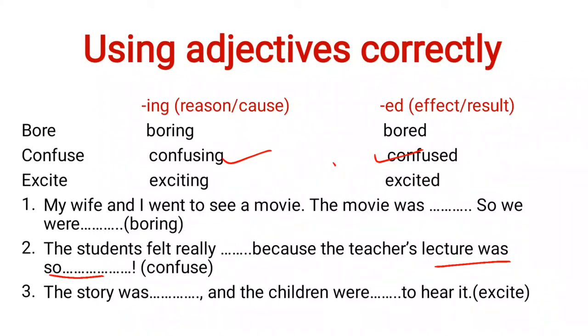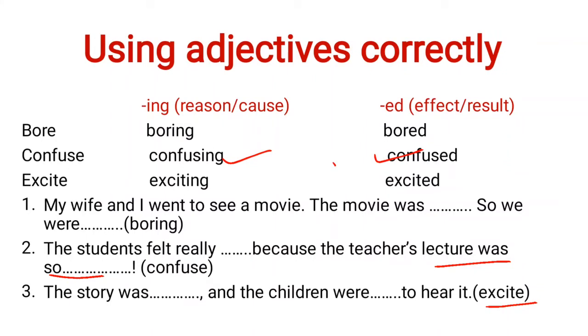In the third example, the story was dash and the children were dash to hear it. If we have to choose ing or ed form of the verb excite, then we need to be very careful while filling these two blank spaces, because we will be using adjectives here.